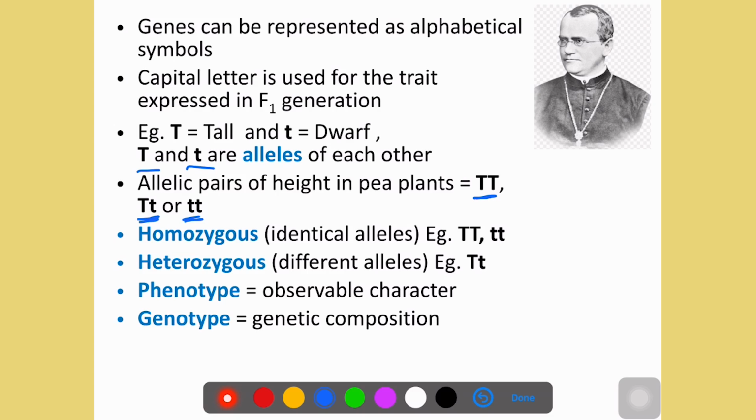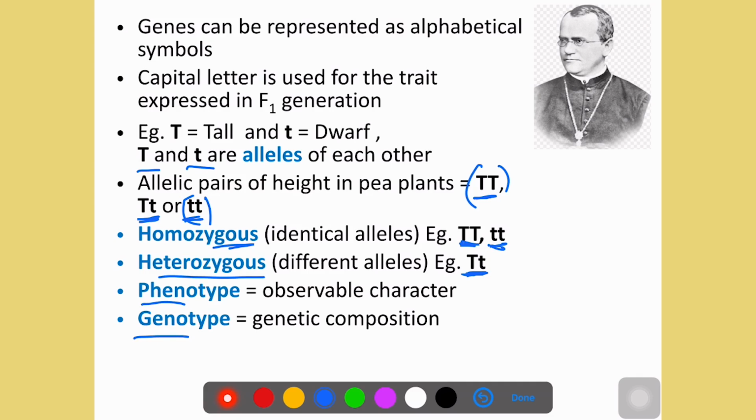When both the alleles are the same, then such plants are called homozygous plants, right? A plant having 2 capital T's is a homozygous plant. A plant having 2 small t's is also a homozygous plant because they are carrying identical alleles. And those plants which carry different alleles, a capital T and a small t, are called heterozygous plants.